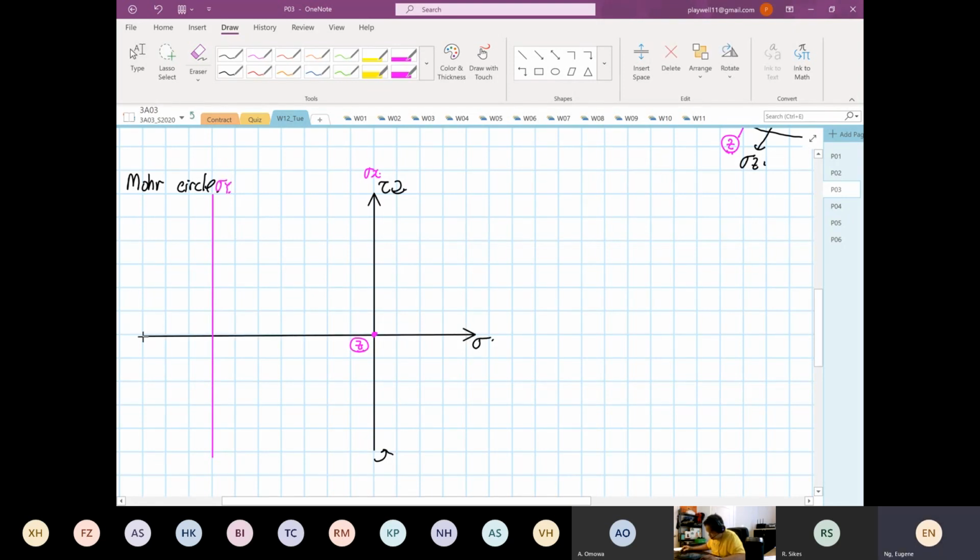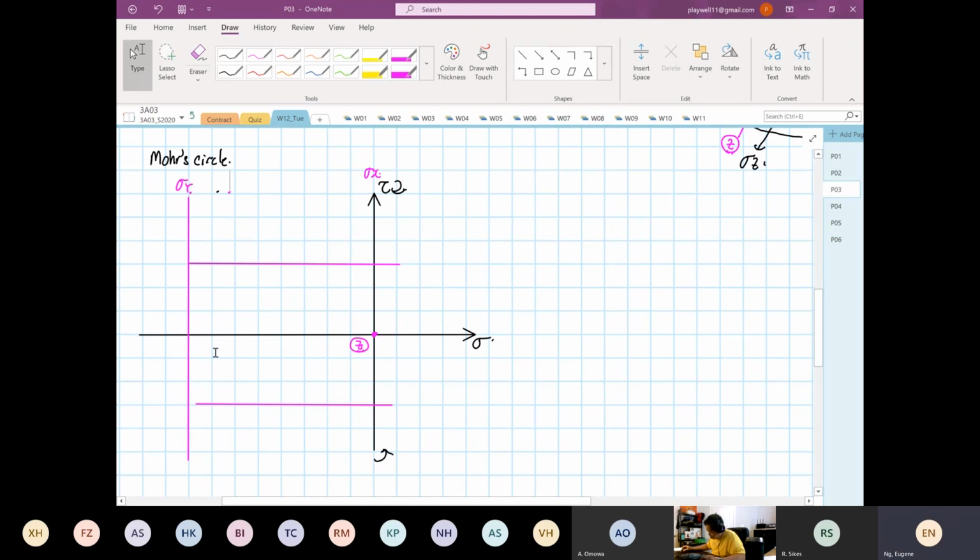And then our shear will be somewhere around here. Okay, so hold on. I'm going to put it over here. So this is our stress Y line.